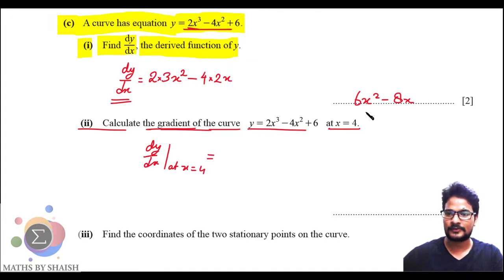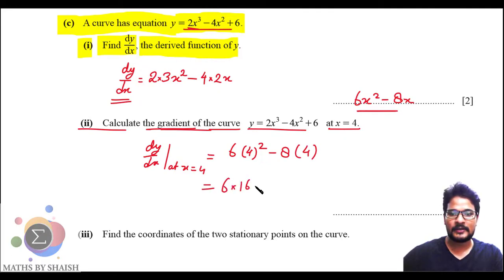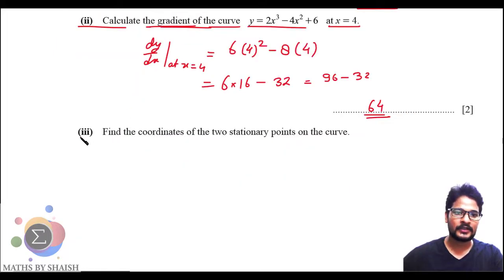So we will substitute this value here, and it is 6 times 4 squared minus 8 times 4. 6 times 4 squared is 16, minus 8 fours are 32. So it is 16 sixes are 96, minus 32, 6 minus 2 is 4, 9 minus 3 is 6. So it is 64.